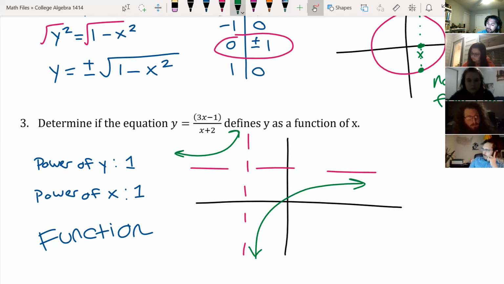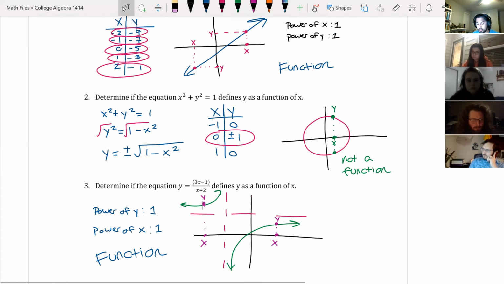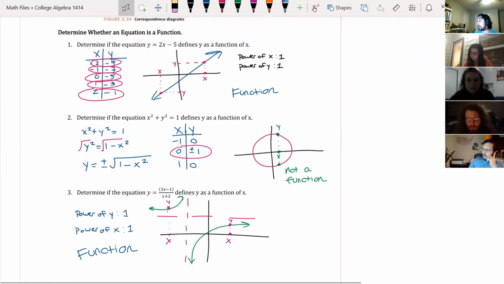Where again, if I were to plot an x, I'd have one y value, no matter where on the graph. So those are multiple ways to determine if you have a function or not. Any questions on that page?